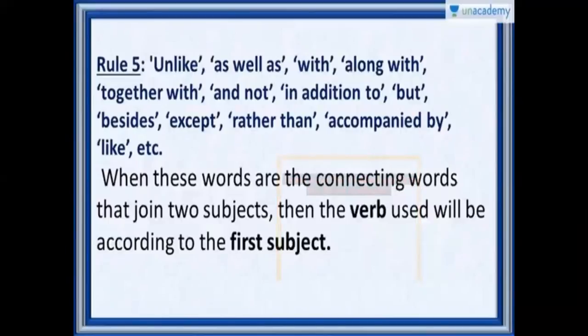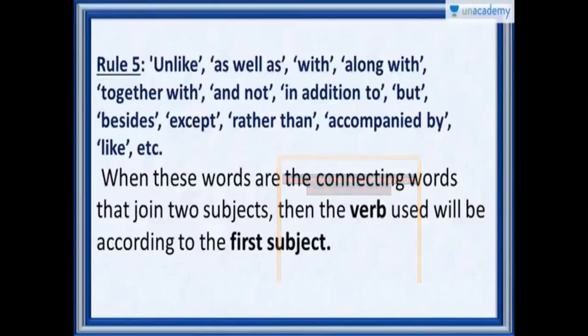Now how will you use a verb? When you have two subjects in a sentence, and you get any one of these words in the sentence, you have to use the verb according to the first subject. If the first subject is singular, the verb should be singular. If the first subject is plural, the verb should also be plural.